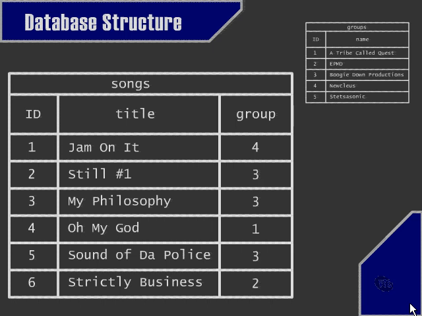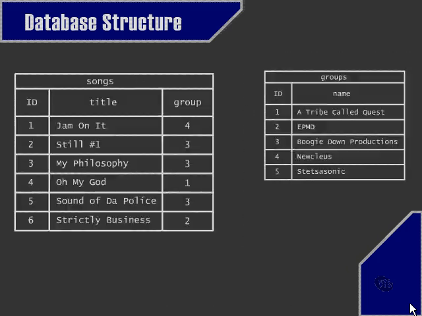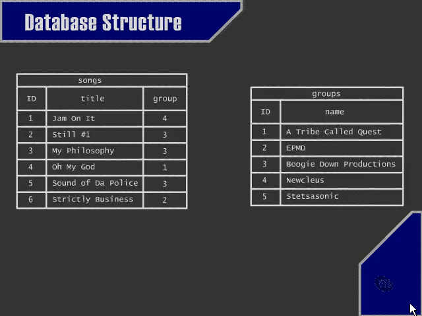It has a unique ID column, it has the song title column, and it has another column called group, and we'll explain the reason for this in a second. Let's get these to the same size, and you'll notice that the numbers within the group column match up to the numbers in the ID column of the groups table.